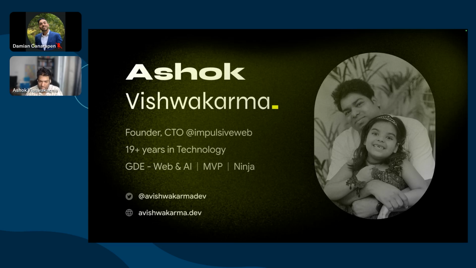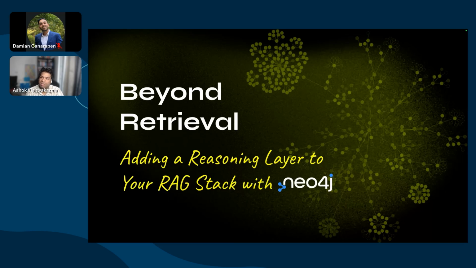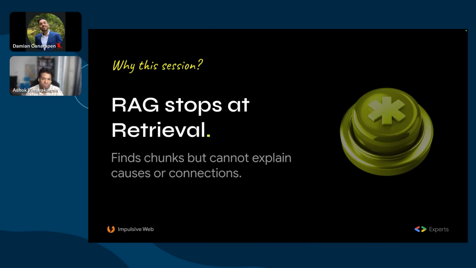And in this talk, what I'm trying to do is present one of the case studies, as we have built a couple of RAG applications for multiple customers. This one was done for a real estate company, and it covers how we leveraged Neo4j to add a reasoning layer into their whole RAG stack. First, I wanted to tell you why I thought it would be a good idea to present this.